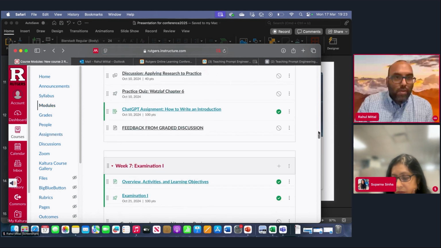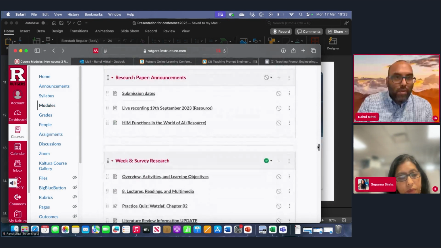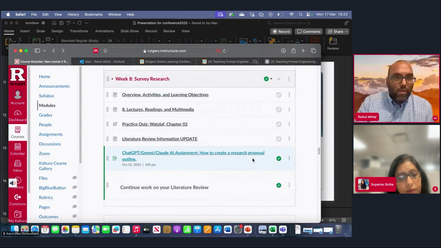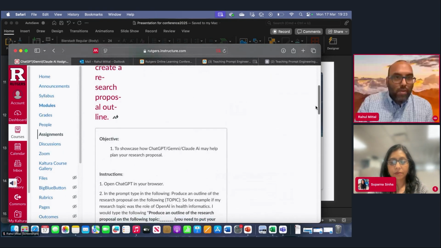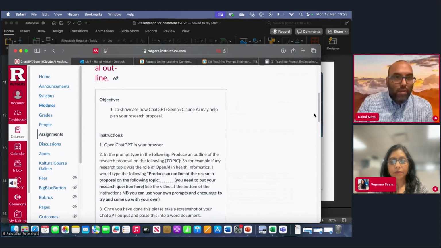We also asked them to use the large language model to create a research proposal and an outline of what the rest of the mini literature review would include. This then gave them a breakdown of what each paragraph could include.